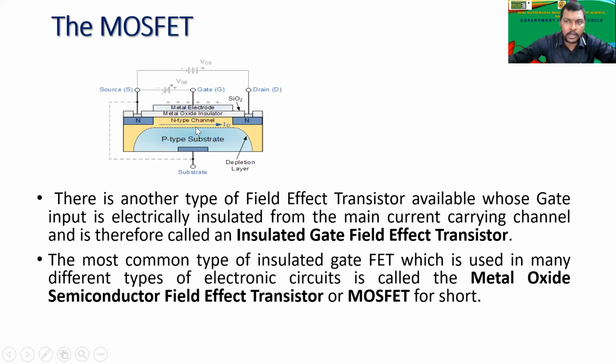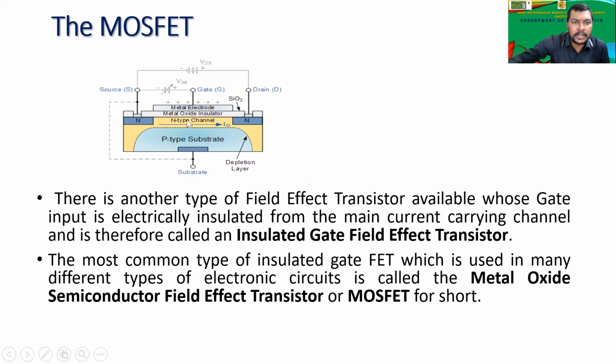In the enhancement type, we had a p-type substrate, due to which the current was not flowing. The N-type channel has electrons over here. The most common type is the metal oxide. We have studied this already.